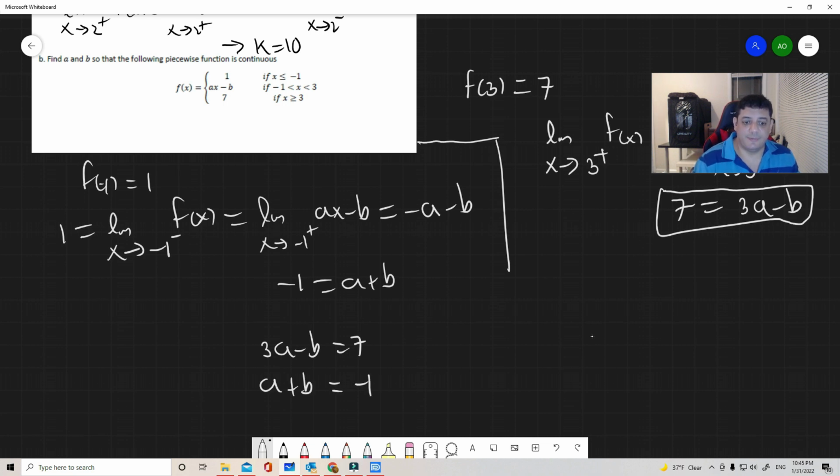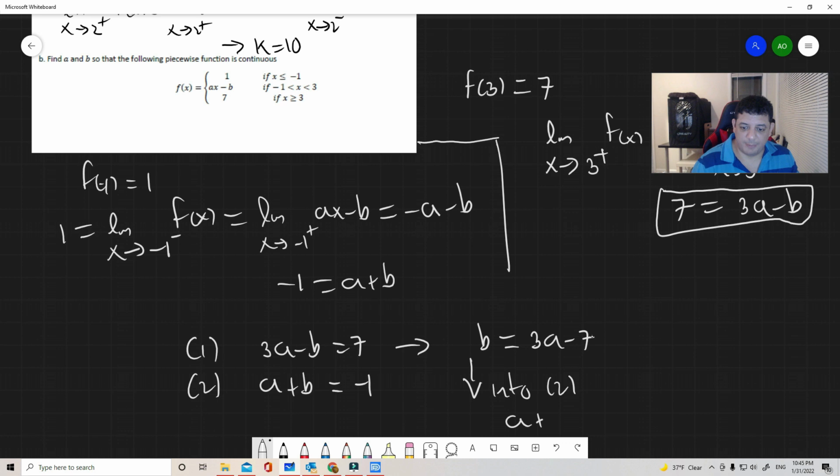I can actually find b easily. From here, b is just going to be 3a minus 7. This is equation 1, this is equation 2. I can plug that into equation 2, and that's going to produce a plus 3a minus 7 equals -1.